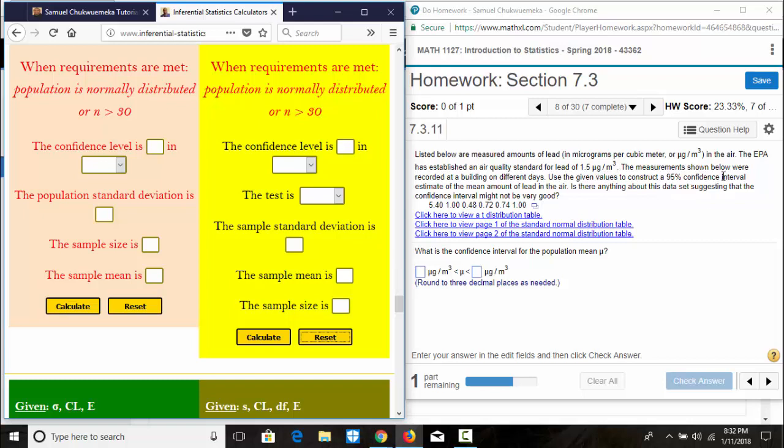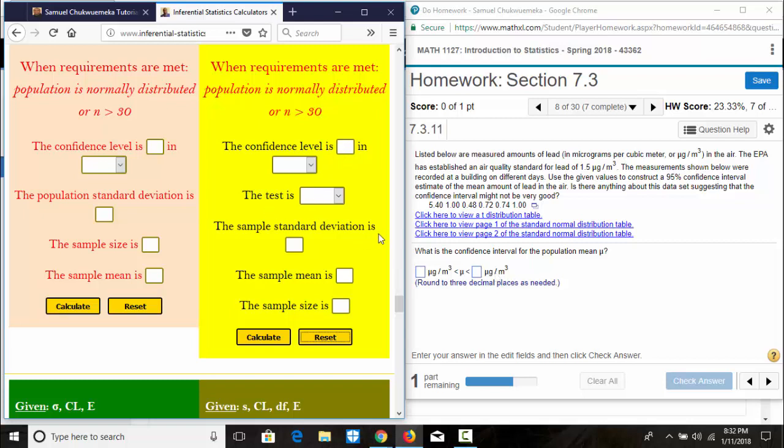The measurements shown below are recorded at a building on different days. Use the given values to construct a 95% confidence interval estimate of the mean amount of lead in the air. Is there anything about this data set suggesting that the confidence interval might not be very good?